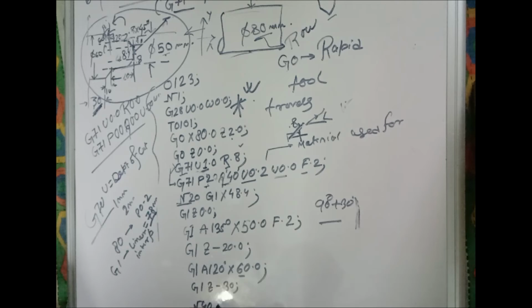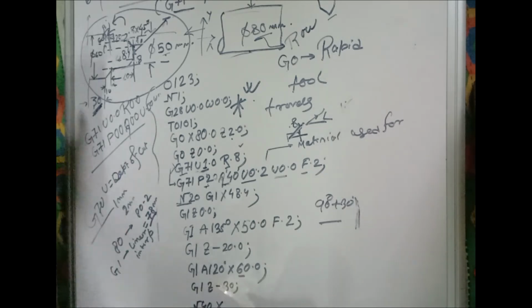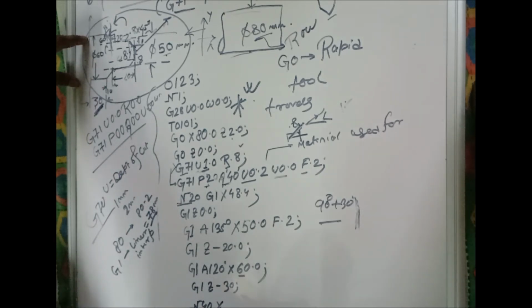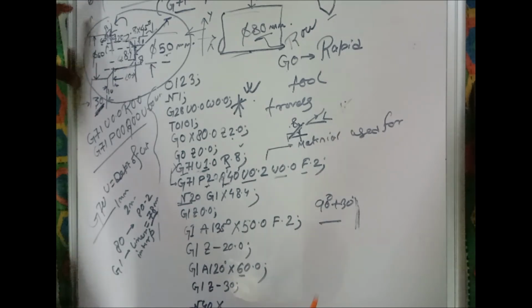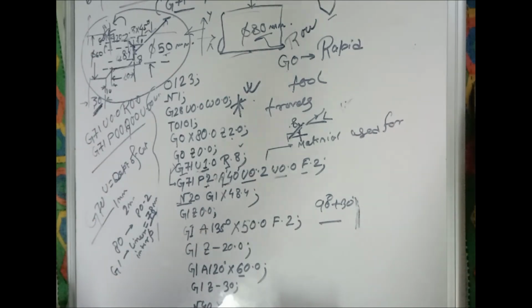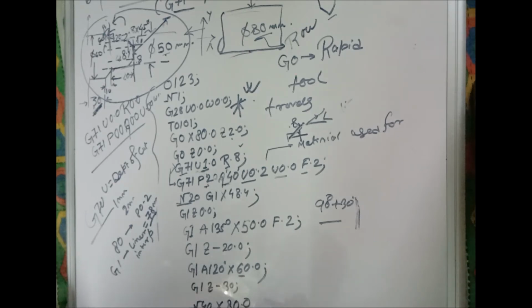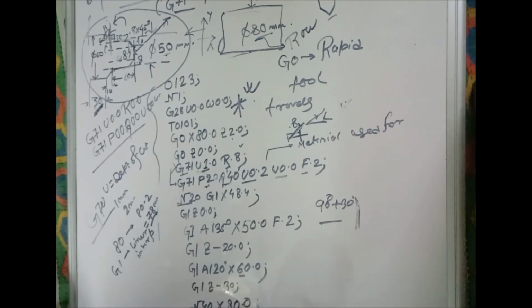We will simply give the X value, because after cutting it will move from the job to the outer side, to reduce the chance of accident between the job and workplace. Then what is the value of X? The value will be simply 80.0, and the cycle will be accomplished here.